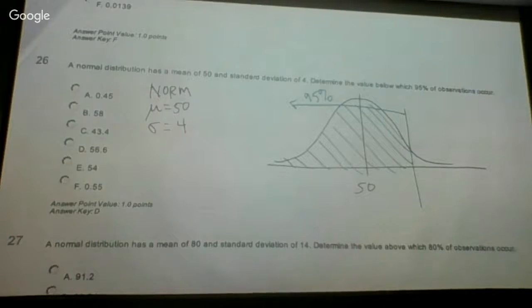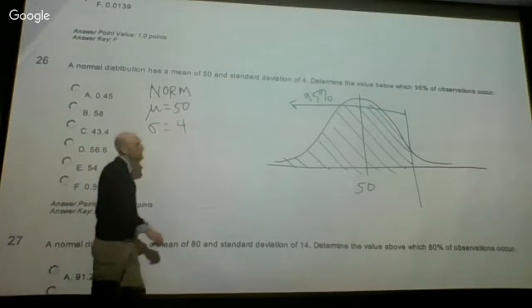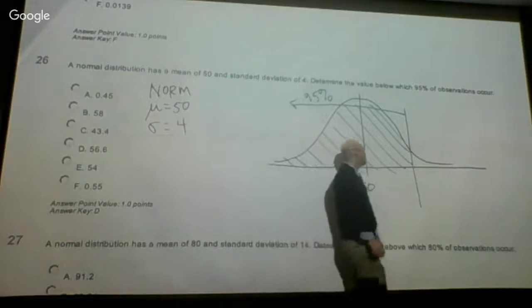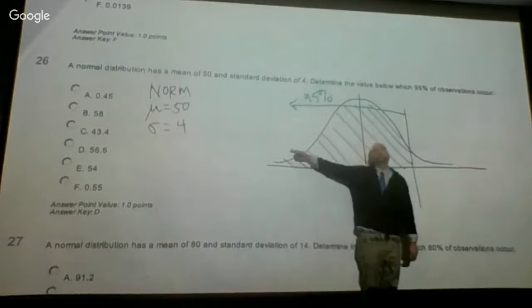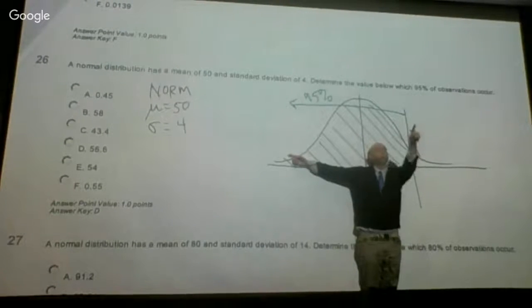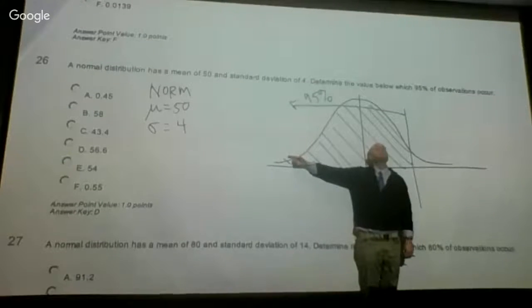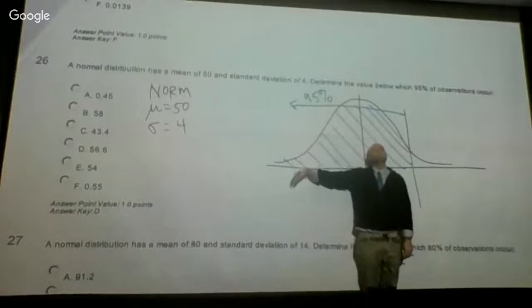Anybody got an idea of what area will prove useful here? Here's my question. If I stand here, what proportion of stuff is to my right? 0.5. 50% of stuff is over here.